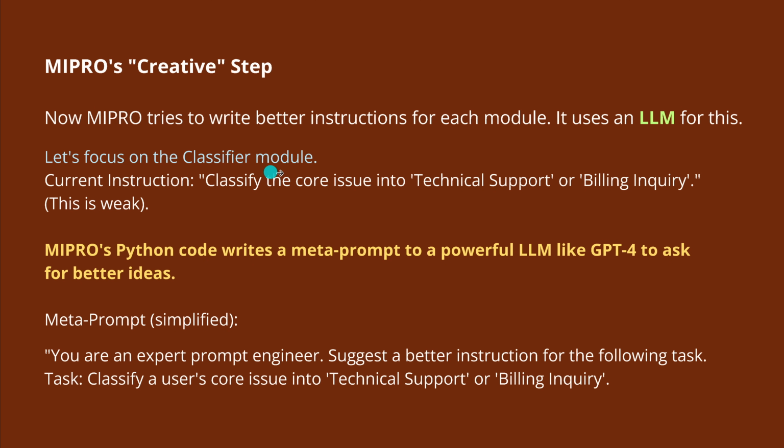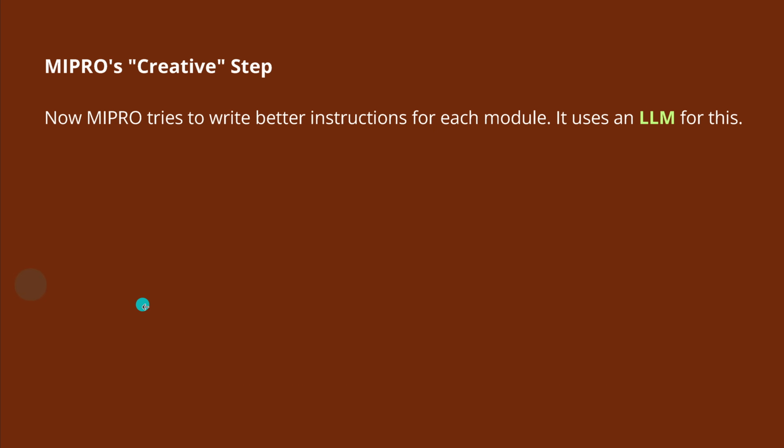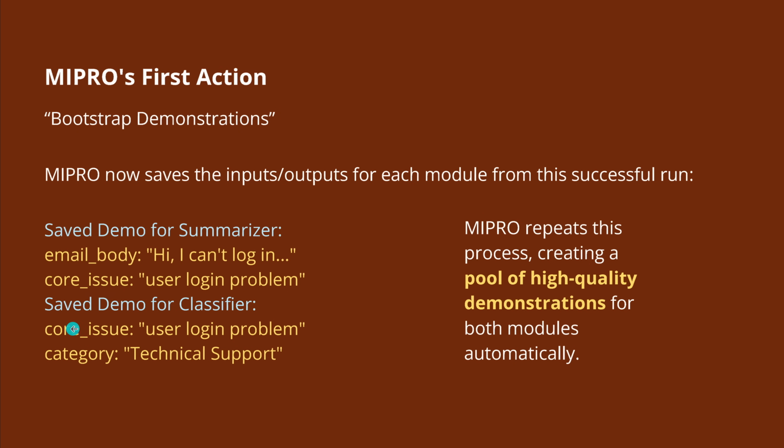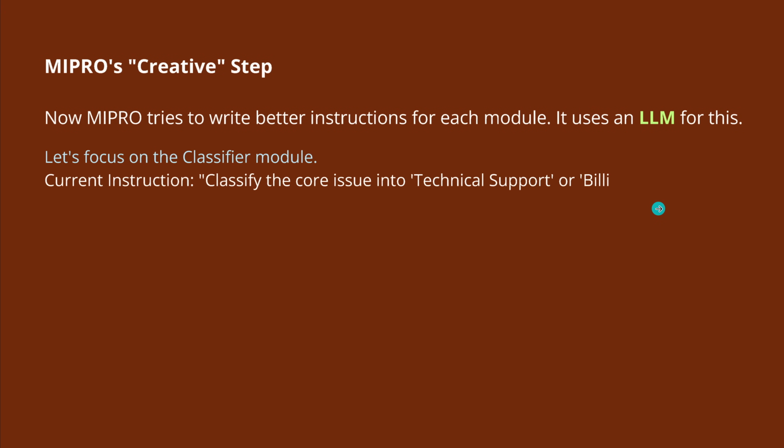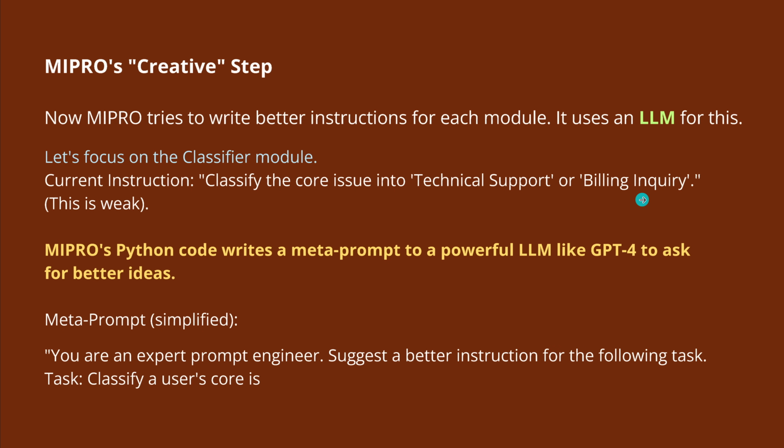So, classifier. Current instruction: classify the core issue into technical support or billing inquiry. The core issue, you remember we identified here, the intermediary, the first step that we found.